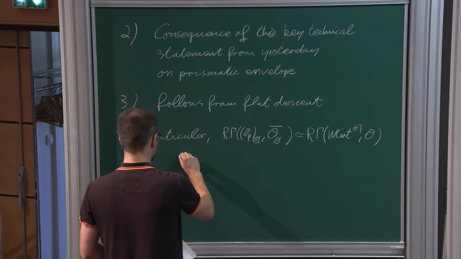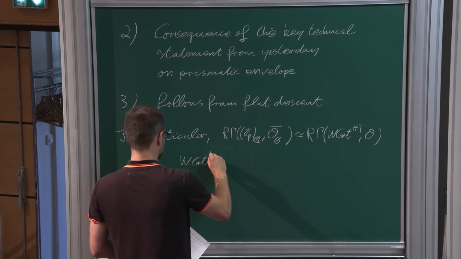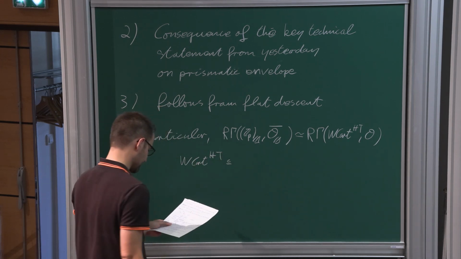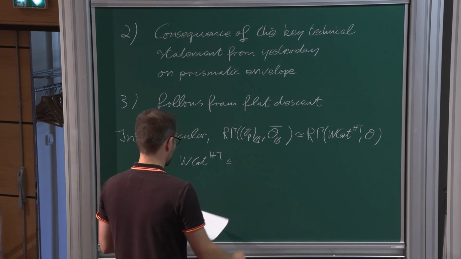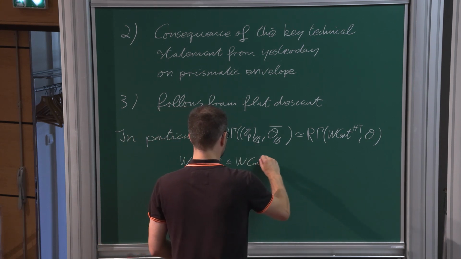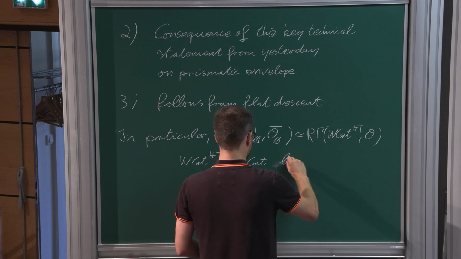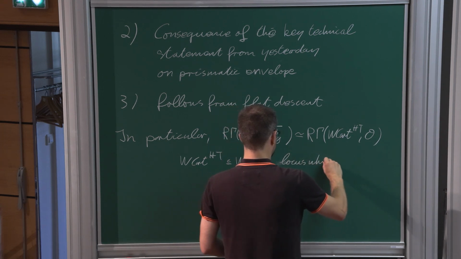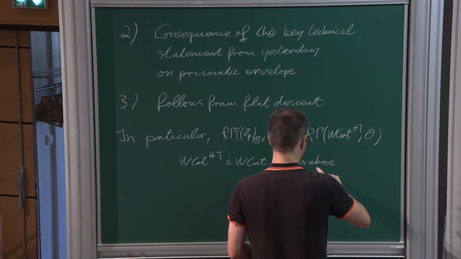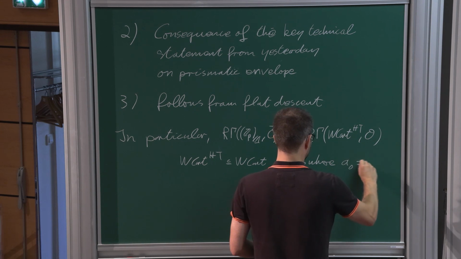And so what is the Hodge-Tate locus? It's the locus in the Cartier-Witt stack where A_0 is 0.